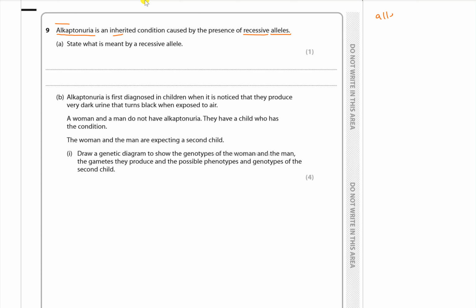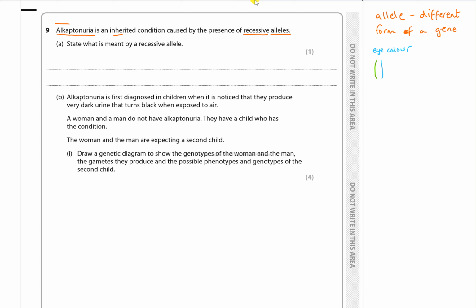Right, what's the definition of allele? It's a different form of a gene. Basically what that means is you've got a gene here from mom, you've got a gene here from dad. They're to do with eye color.